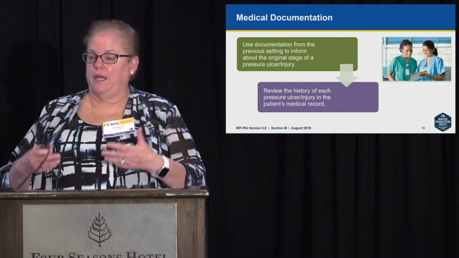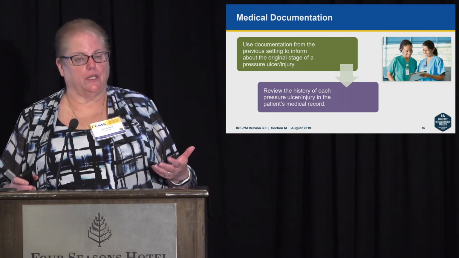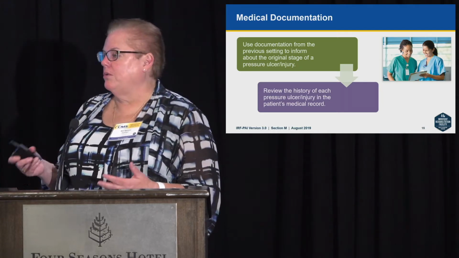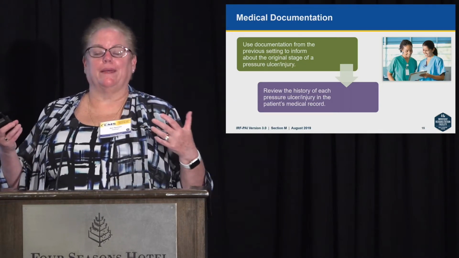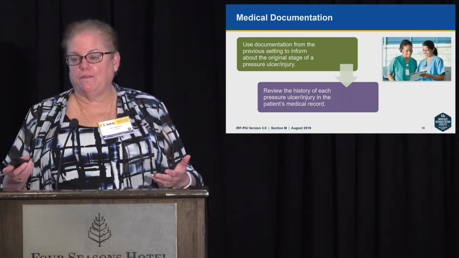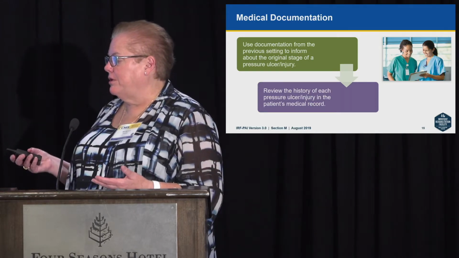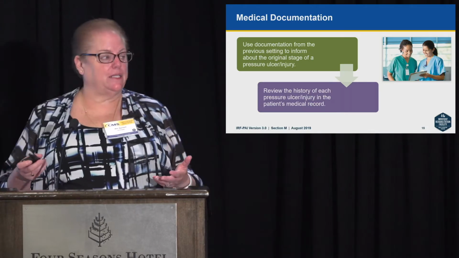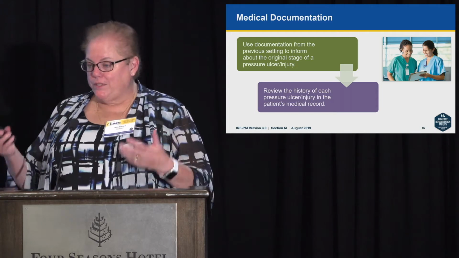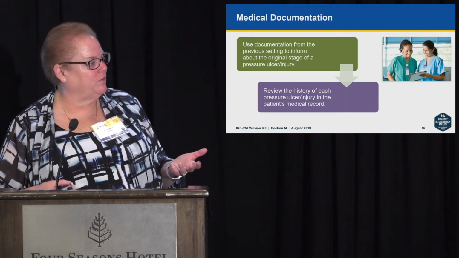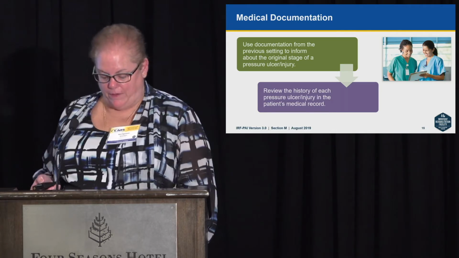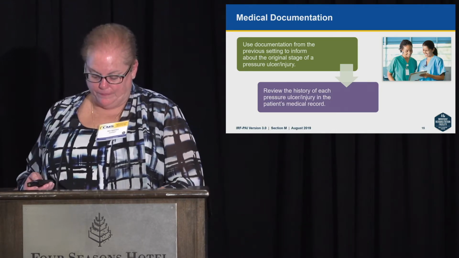And so when they get admitted to your organization or your IRF, you look at it and you're like, wow, it looks like it's a stage 3 or maybe looking like a stage 2. But in fact, what is that ulcer? It's a stage 4. It's a healing stage 4. So it will stay a stage 4 until it's healed. So that's a really important piece of information to have. So you want to make sure that we have accurate information there.